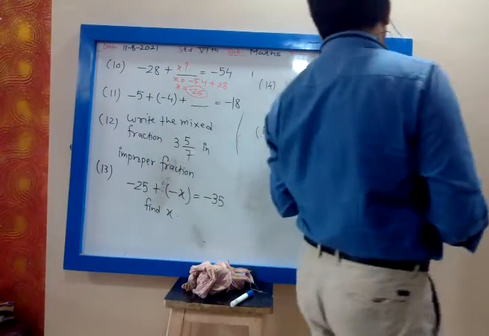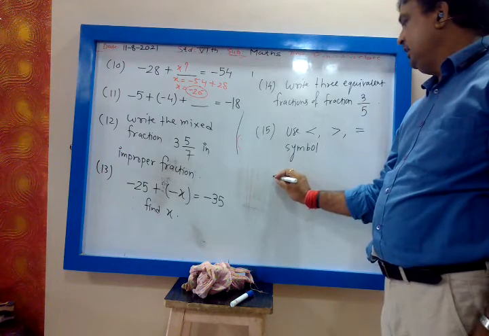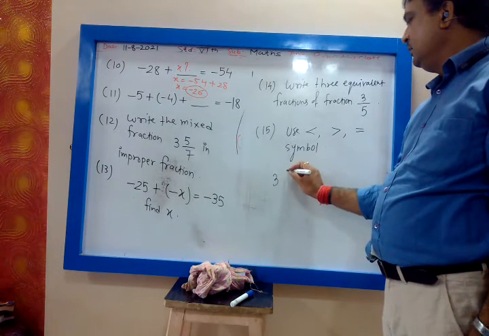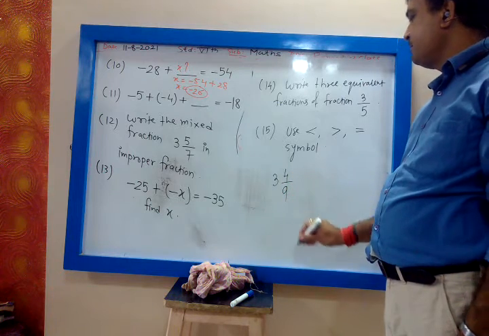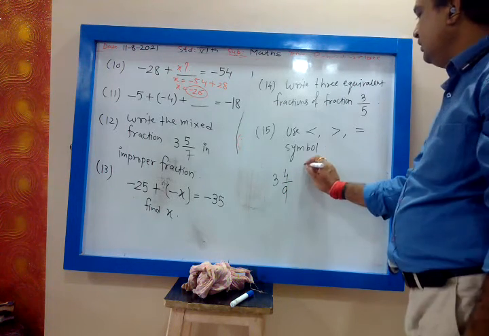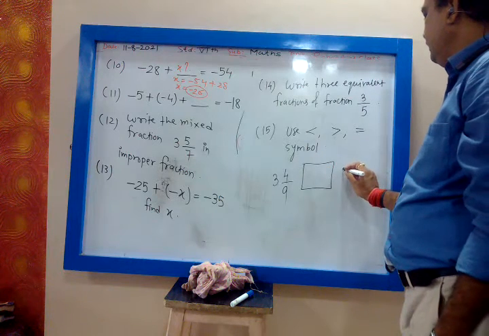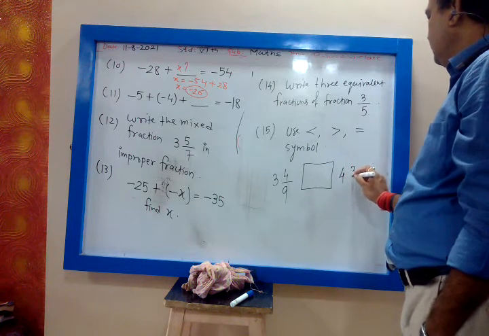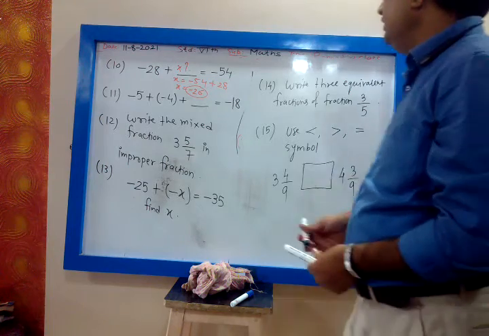Use the symbol greater than, less than or equal to. 3 and 4 by 9 and 4 and 3 by 9. Which is greater, which is smaller?